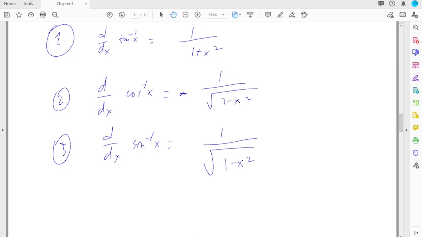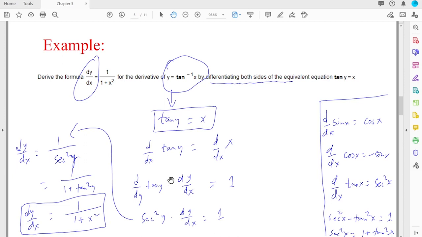So these are the derivatives of the tangent inverse, cosine inverse, and sine inverse functions. And we can find this information by doing exactly what I did here.